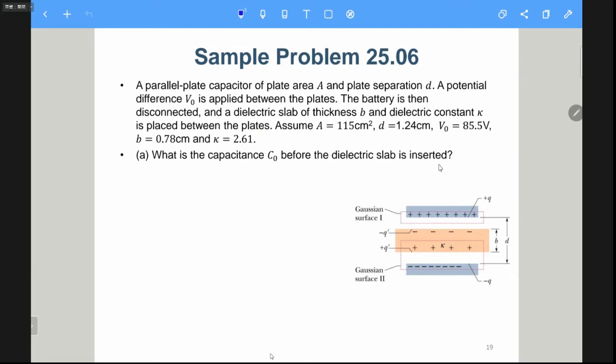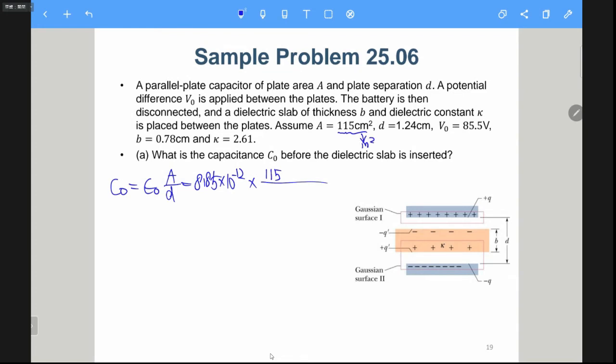Okay, so yeah, this is easy. C0 equals epsilon naught A over D. So this is 8.85 times 10 to the minus 12, times A, which is 115 centimeter square. Actually, we need to convert it back to meter square.